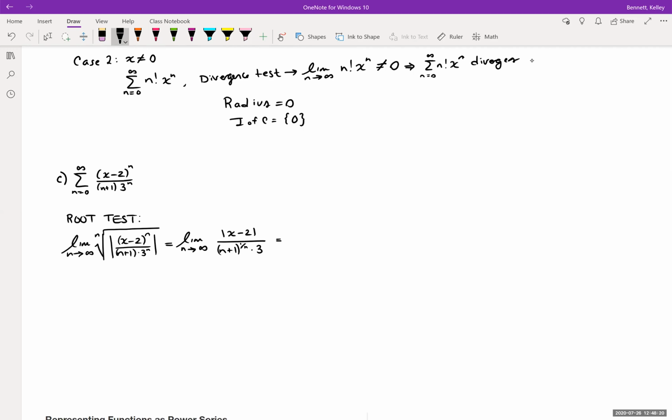If either of those had an n anywhere on it, I couldn't do this. But since they're completely isolated from n, I can pull them outside of the limit as constants. So I get absolute value of x minus 2 over 3 times the limit as n goes to infinity of 1 over n plus 1 to the 1 over n. And I can also rewrite this because 1 is on top, it won't be affected by applying an exponent to it.